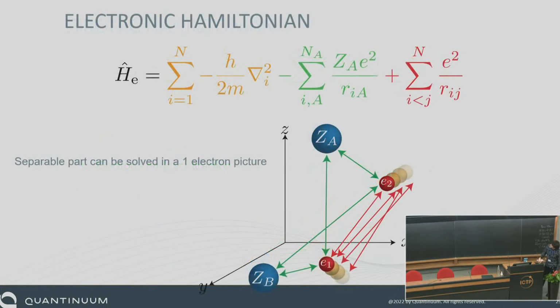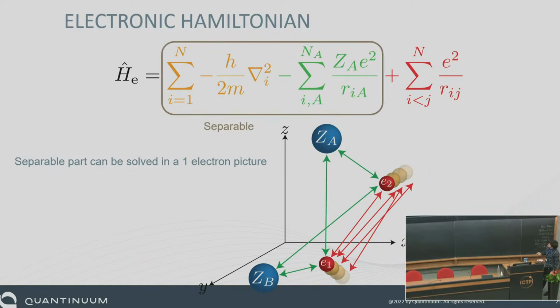If you notice, because the nuclei are fixed in position, they're not variable. So we have a single electron term here and a single electron term here. What that means is we basically have a non-interacting set of terms in the first part of the equation.